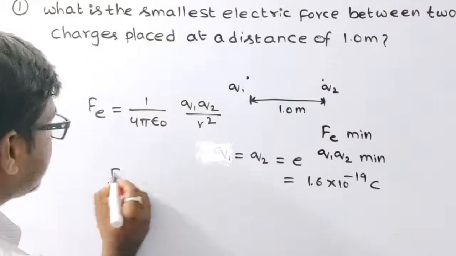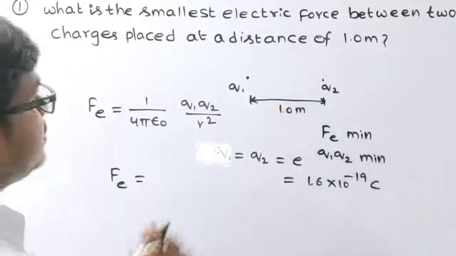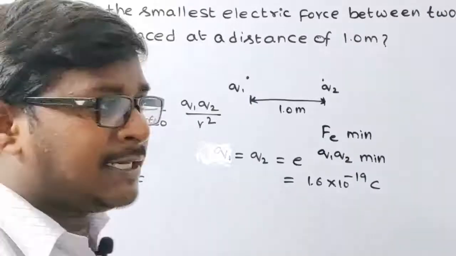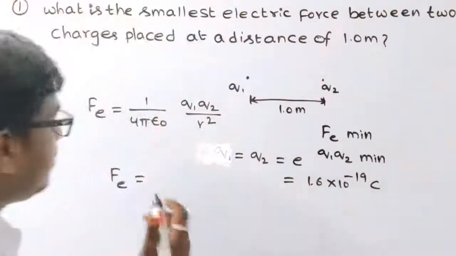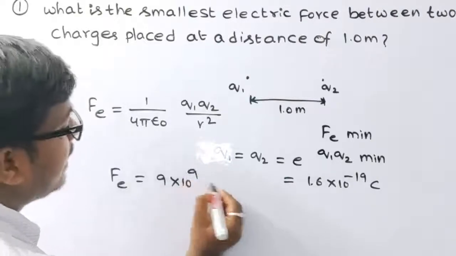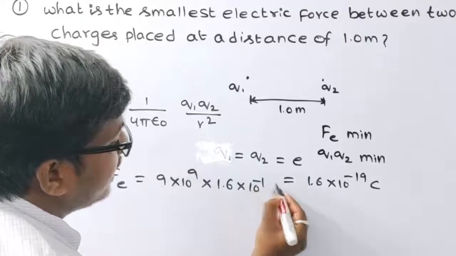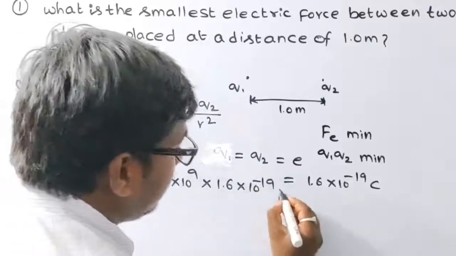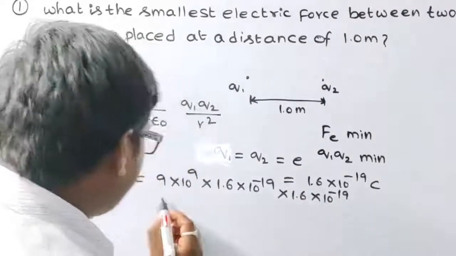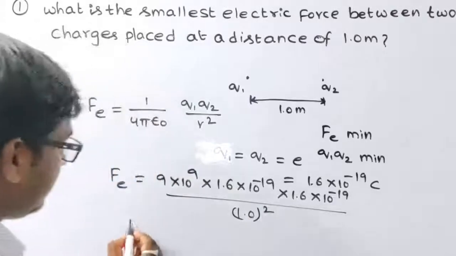The electric force between two charged particles, 1 by 4 pi epsilon naught, is proportional to the constant K, that value 9 into 10 power 9, into 1.6 into 10 power minus 19, into 1.6 into 10 power minus 19, divided by 1.0 whole square.